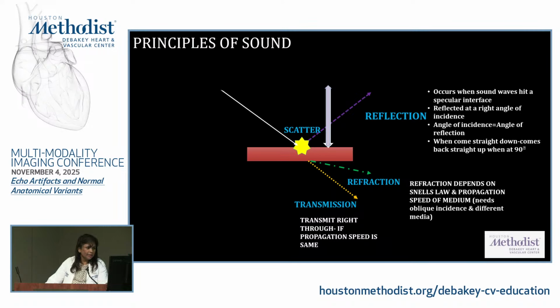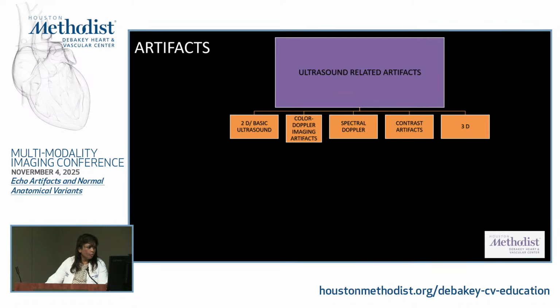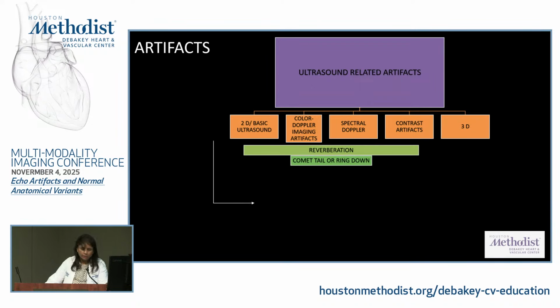Let's talk a little bit about why this is important. Let's start with our basics, right? So let's start with our 2D ultrasound artifacts. Simple ones. I know a lot of terminologies, but I do want you to understand the mechanism, like I said. So we're going to talk about 2D or basic ultrasound and some color and spectral Doppler artifacts, contrast artifacts, and a little bit of 3D.